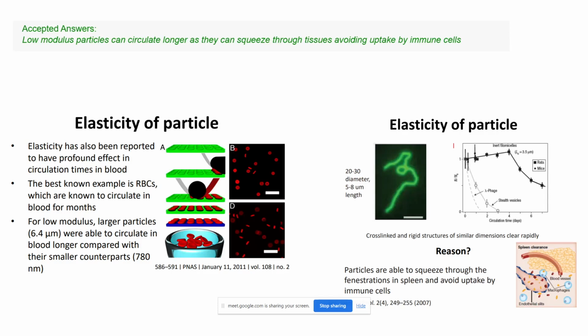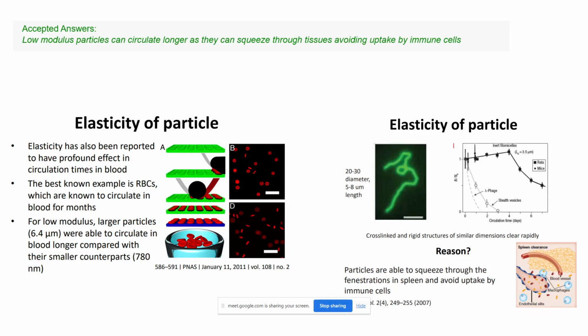Okay, the second option is indeed correct. Low modulus particles can circulate longer as they can squeeze through tissues, avoiding uptake by immune cells. So elasticity has been reported to have a profound effect on circulation times in blood. The best known example is RBCs, which are known to circulate in blood for months.